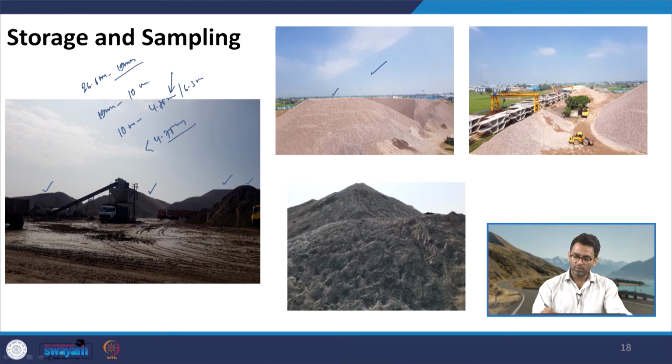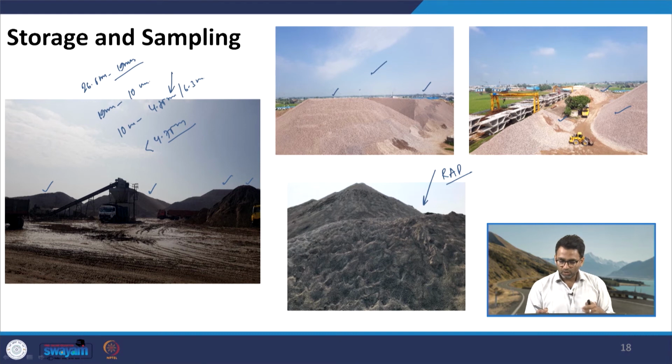So, these are again some random pictures. You can see that we have stockpiles here of different sizes, some smaller and some bigger. This is a RAP stockpile, a fine RAP stockpile taken from one of the hot mix plants during the rainy season.